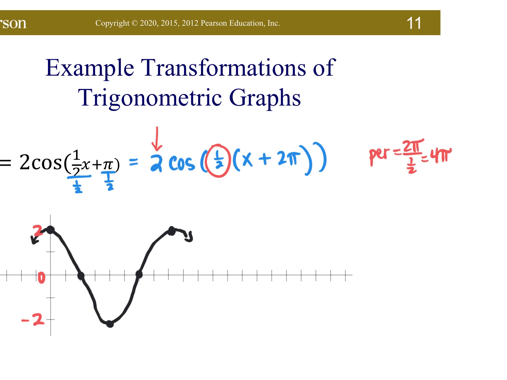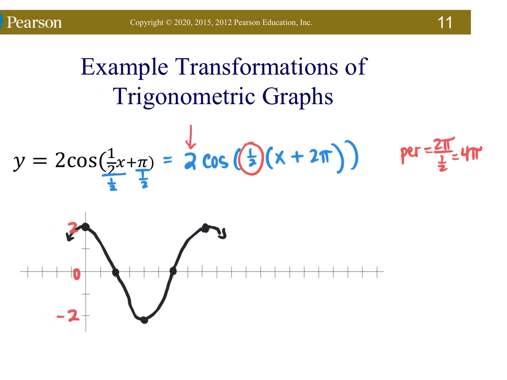So then we're going to go back and label the 4 pi, the end of the period, right here. So here's 4 pi, which means that 2 pi is the center, and that 1 pi and 3 pi are the other values we've got going along. So my graph now reflects the scale of the right amplitude and the right period.